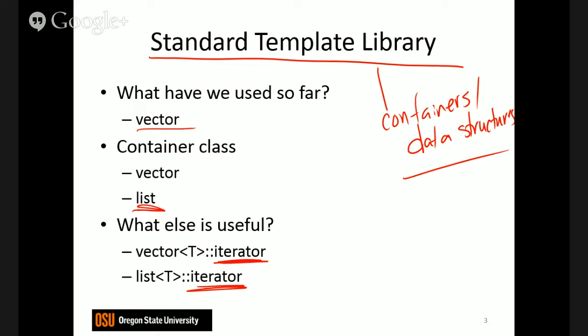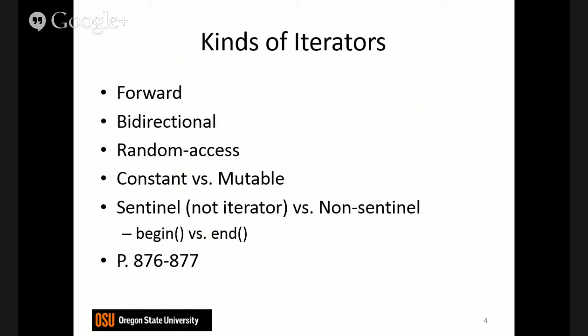We have these iterators in these classes, and these iterators, before I show you them, they can be of different types. They can go forward, okay? This is in something called a singly linked list.